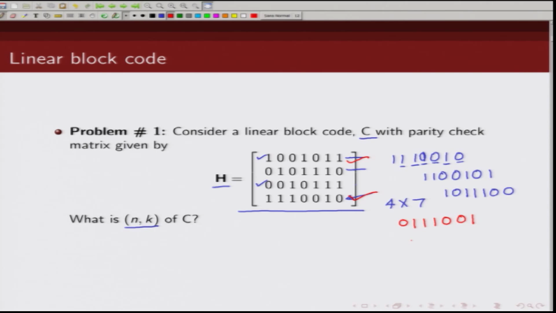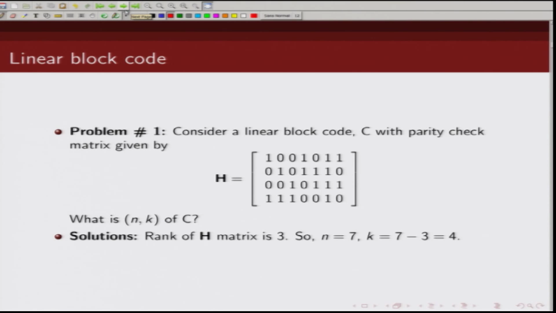Like that we can check, for example, rows 2 and 4. We add up rows 2 and 4 and get 1, 0, 1, 1, 1, 0, 0. Note rows number 3 and 1 are not the same as this. So, we can see that no 3 rows add up to 0. So, the rank of this matrix H is 3.